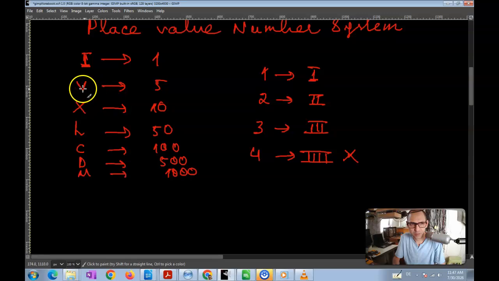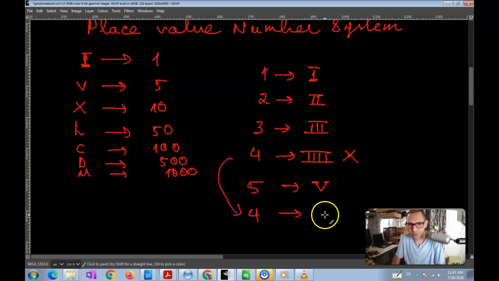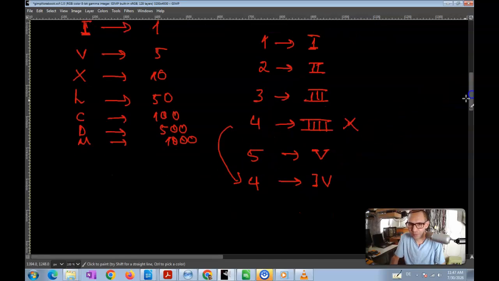When you want to write a 5, you would write one of these characters, the V, and when you want to write a 4, you would put a 5 and then subtract 1 from it. If you want to write a 6, you would write a 5 and then add 1 to it like this, and so on and so forth.